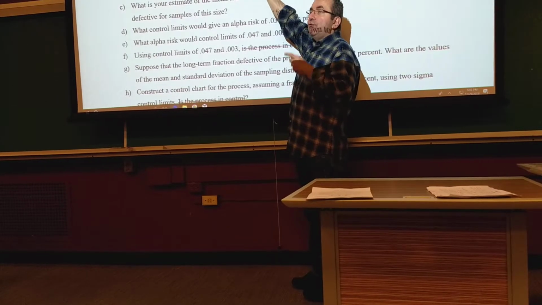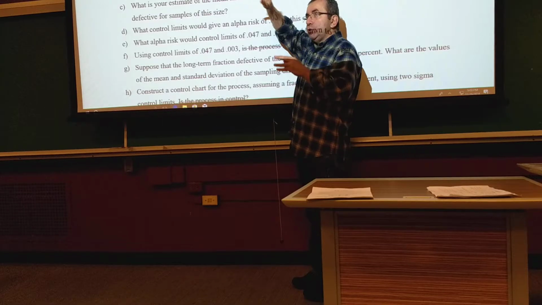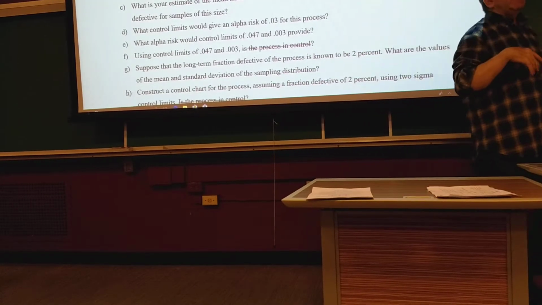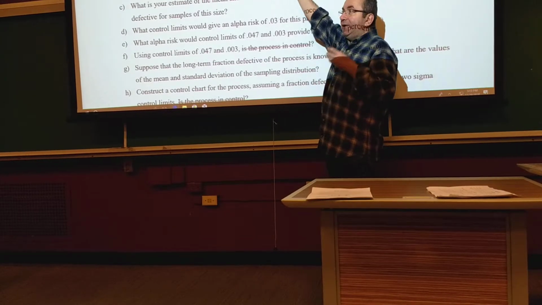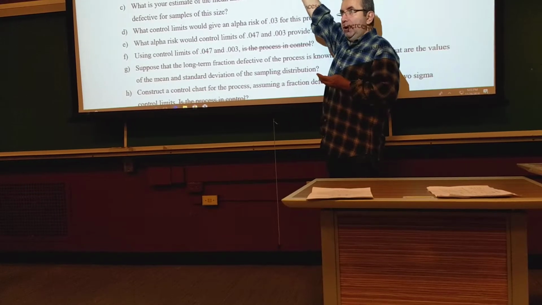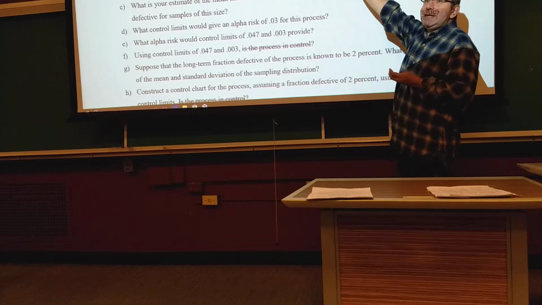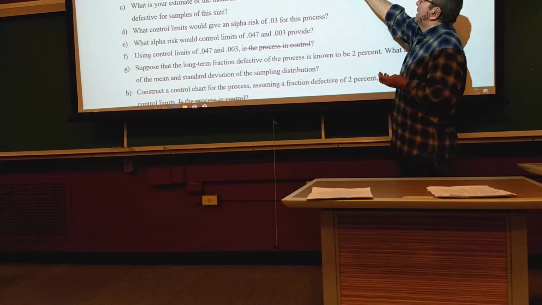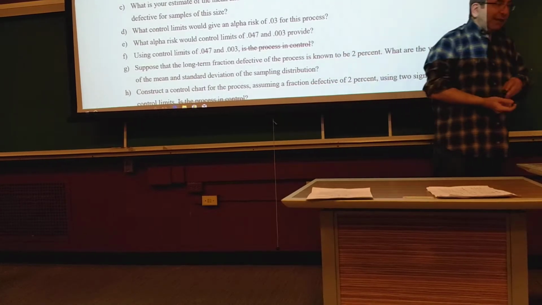Okay, so 4 statements are defective out of a total of 200, in the first sample. In the second sample, 2 statements have errors. So 2 out of 200 are defective. In the third sample, 5 statements have errors. Okay? And in the fourth sample, 9 statements.